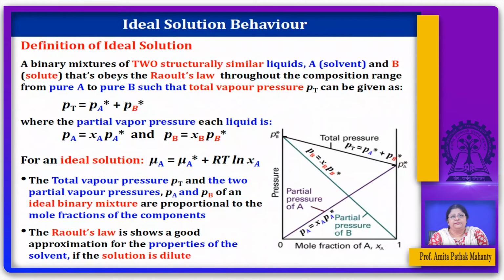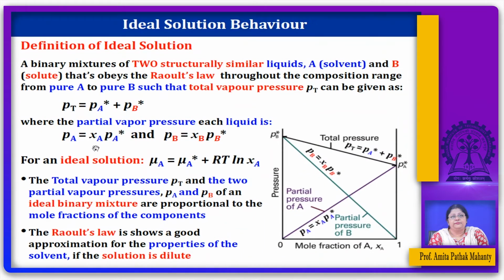If Raoult's law is valid throughout the composition of pure A and pure B, you can write the partial vapor pressure of A as the mole fraction of A into the vapor pressure in the pure state of A. Similarly, the partial vapor pressure of B is equal to the mole fraction of B in the solution into the vapor pressure of B in the pure form.